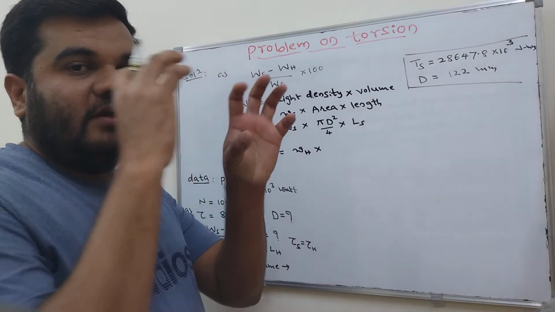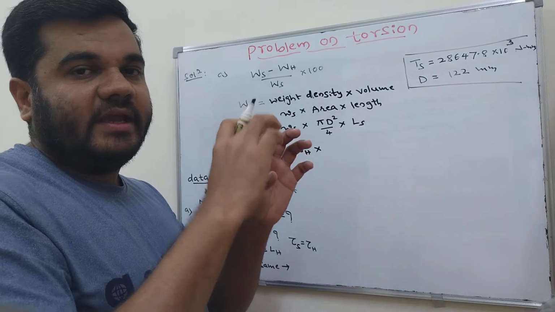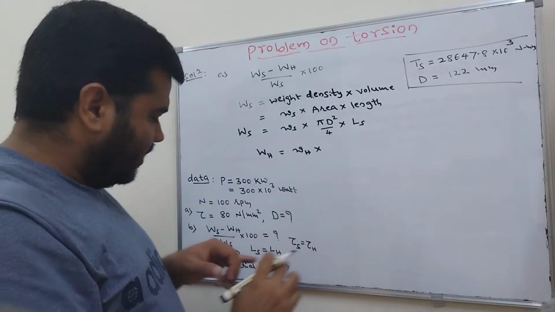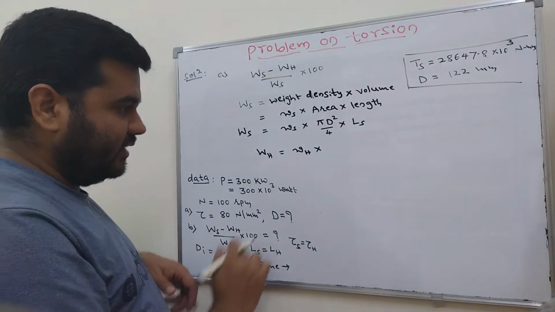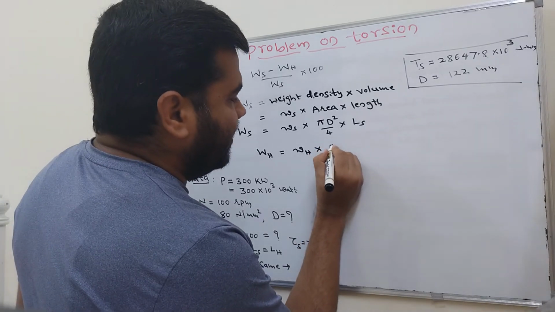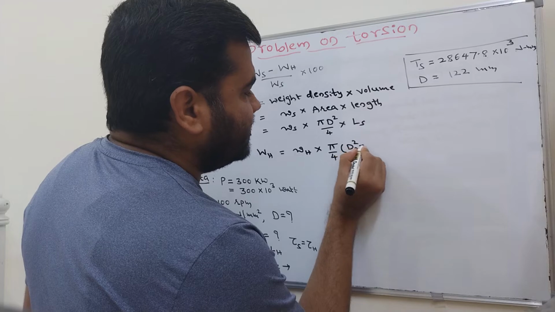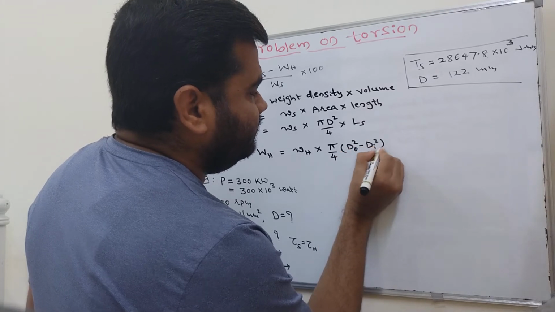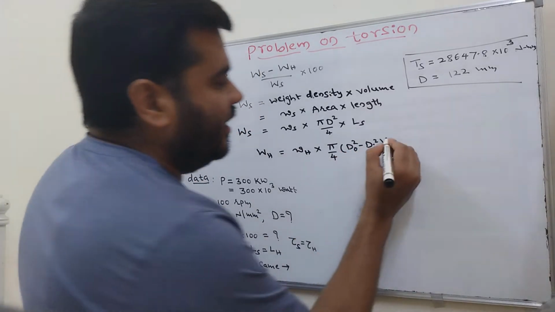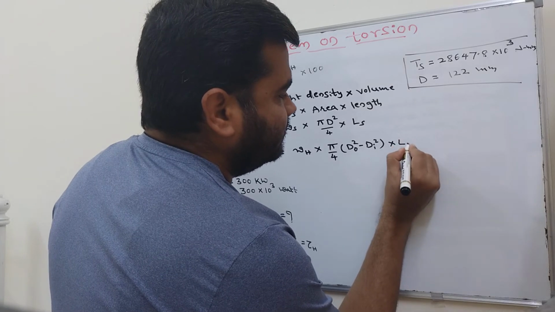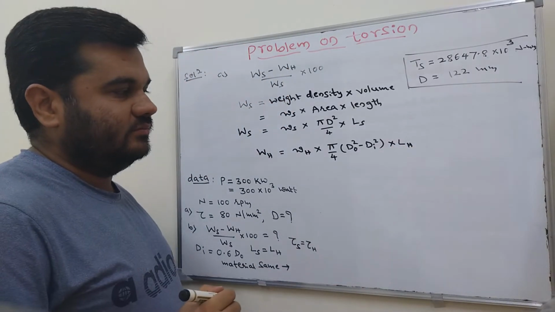Because hollow has inner diameter and outer diameter, di and d naught. So area is pi by 4 into (d naught square minus di square), into length of the hollow shaft.